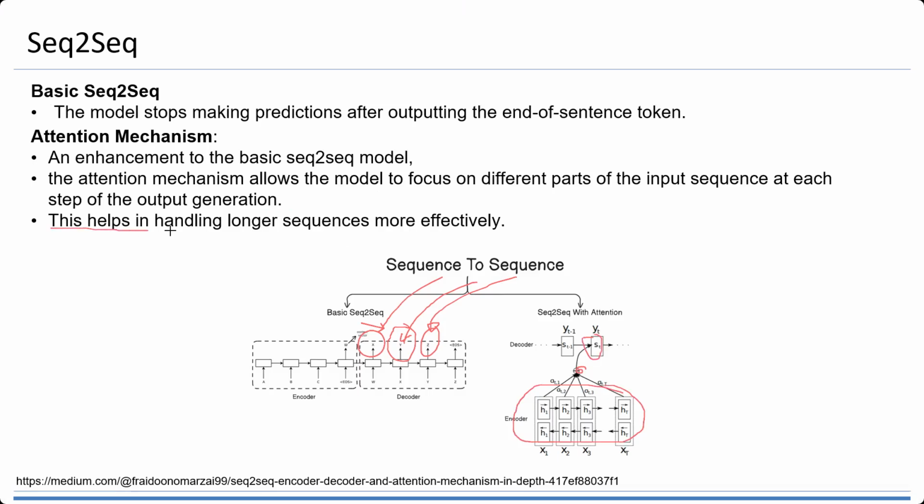So this helps in handling longer sequences more effectively, because whenever you do an output, there will be attention until the end of the sentence. That's why we call this a sequence to sequence with attention.